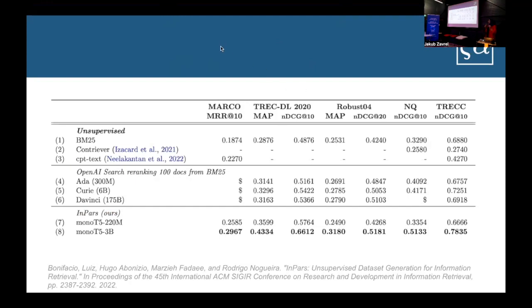And we got improvements all over the place. So better than BM25, better than existing baselines, the recent OpenAI paper, the CPT text one, with much smaller size models. So it's both efficient, performance-wise, and cost-wise, so it's really nice.